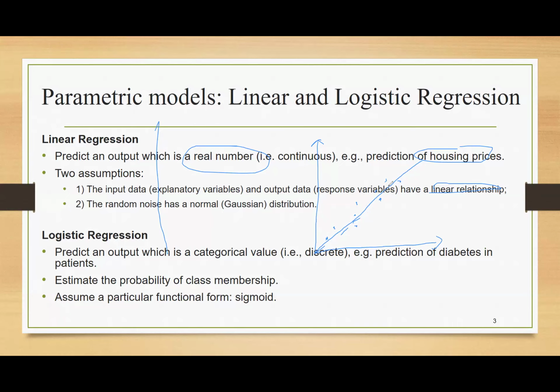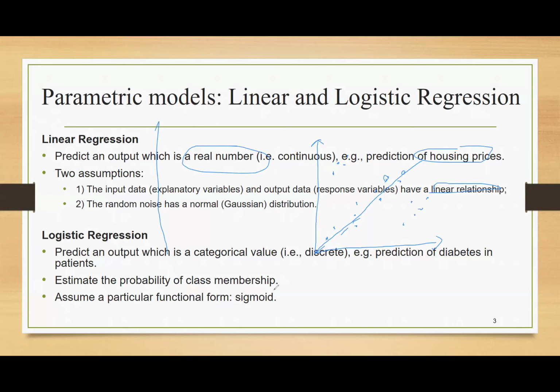There is still some distance between the point and the function, because the data points have some random noise. But the point here is that the noise should have a normal distribution, so most of the data points will be close to this line. If you find a situation where all the data is separated like this, then you cannot use linear regression to fit the data. Yeah, so this is the point here.